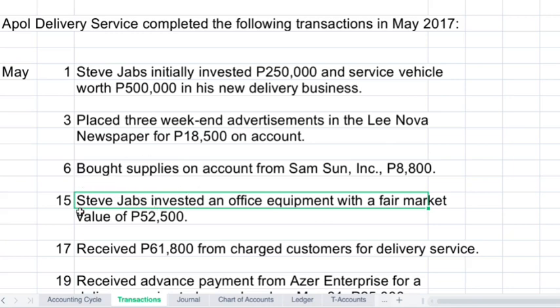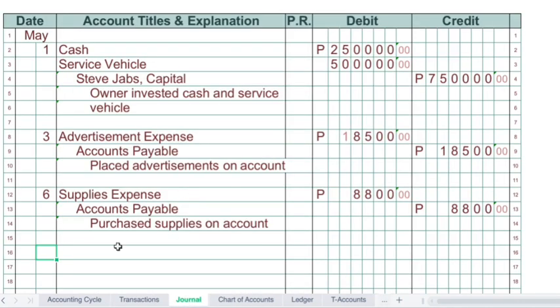So the other account affected is the capital. So we will debit office equipment because there is an increase in equipment, and we will credit Steve Jobs' capital. Okay, so nag-increase din yung capital natin.